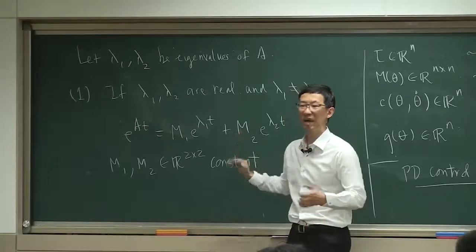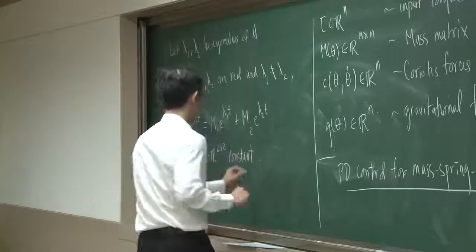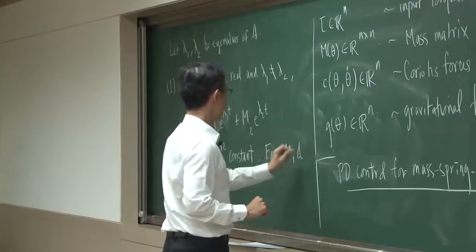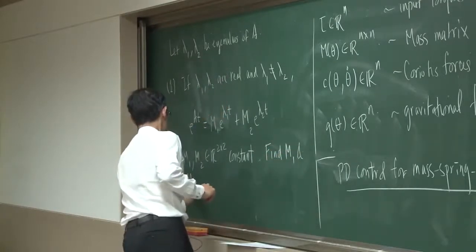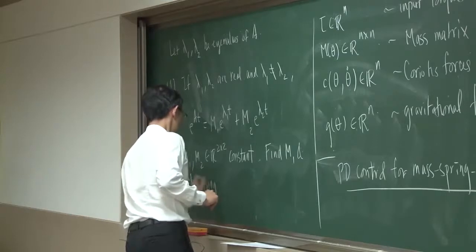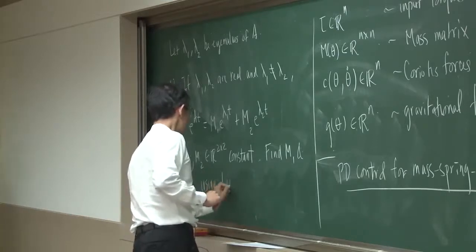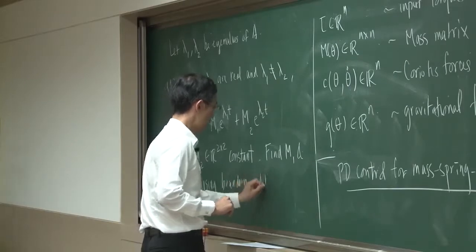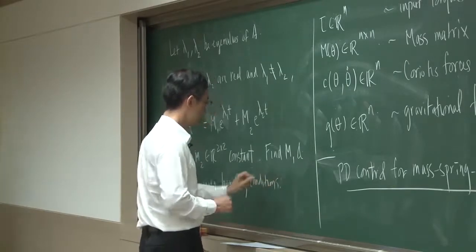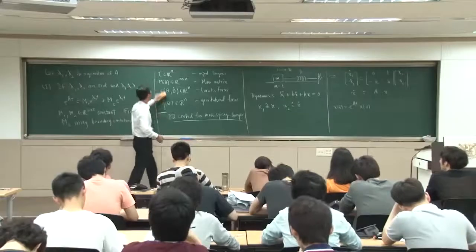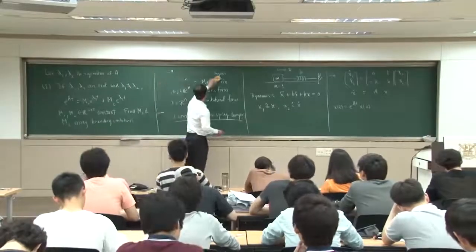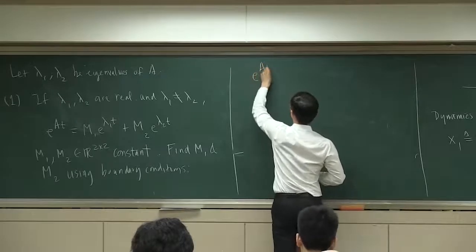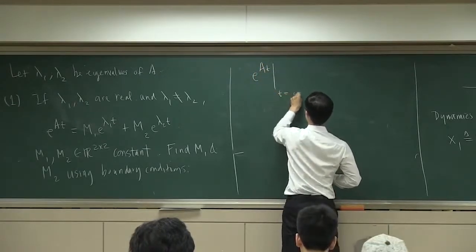To do that, we need boundary conditions. Find M1 and M2 using boundary conditions, and we need two of them because we have two unknowns here. So what are they? The first one: e to the At, let's evaluate this at t equals 0.